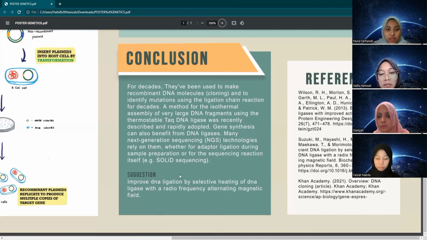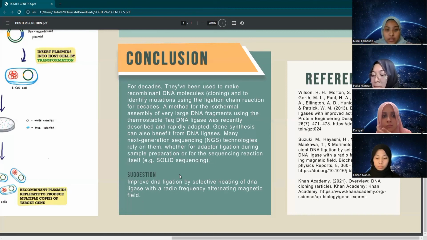Ferromagnetic particles are particles that can retain magnetism once exposed to a magnetic field. They can demagnetize and remagnetize repeatedly. So, in this research, when a radio frequency alternating magnetic field is applied, the ferromagnetic particles release heat, and the DNA ligase attached to them is heated up and activated, and this influences the annealing of the DNA ends.